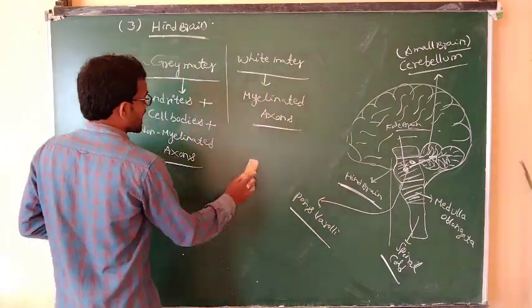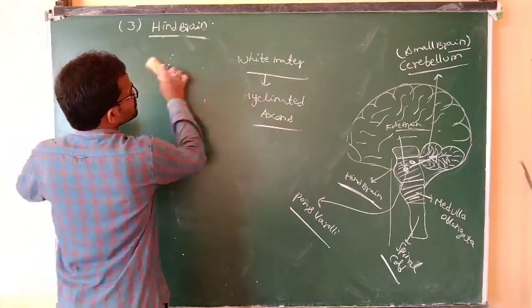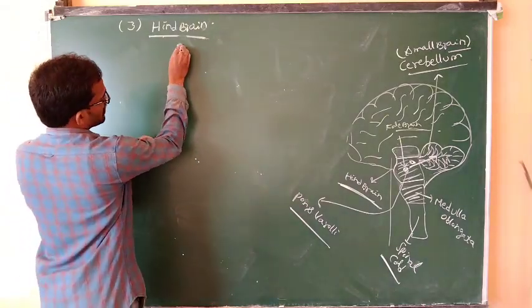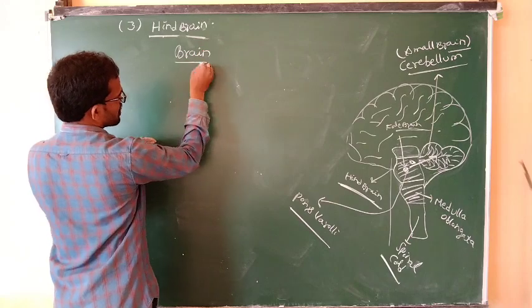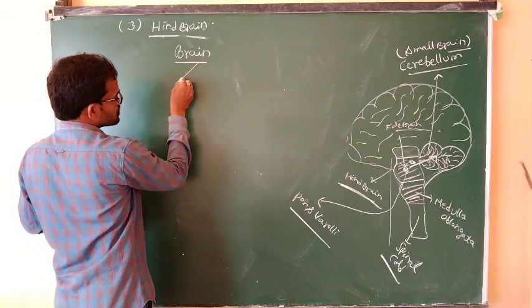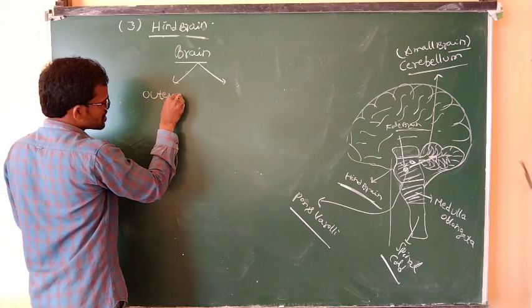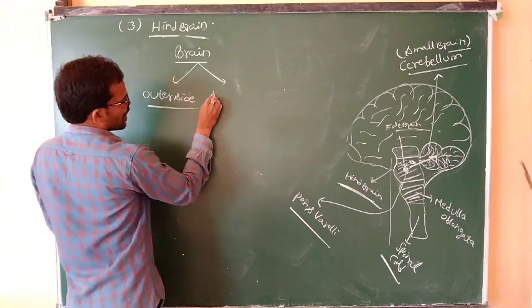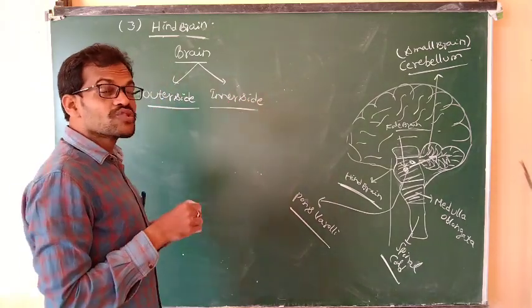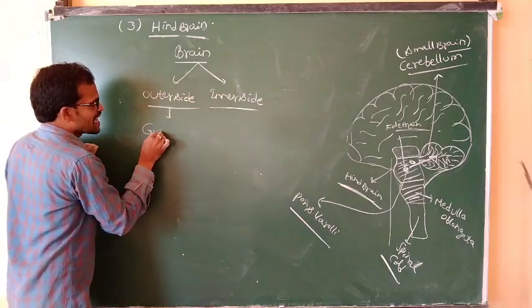If you observe the brain, it has an outer part and an inner part. The outside of the brain always consists of gray matter.